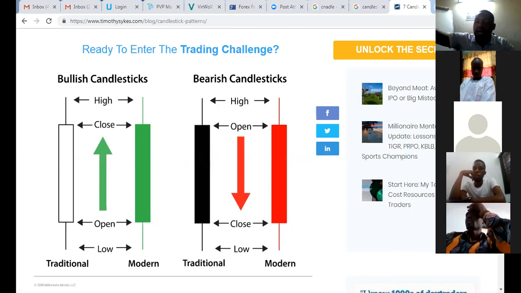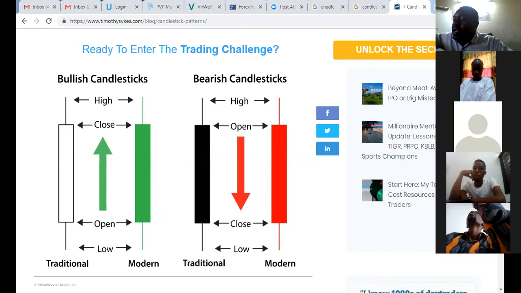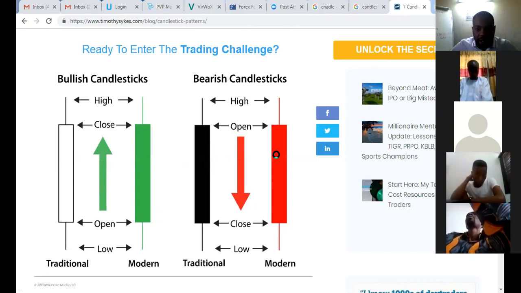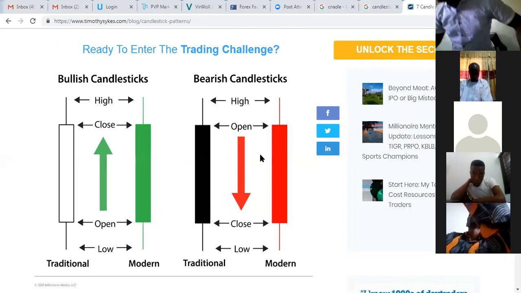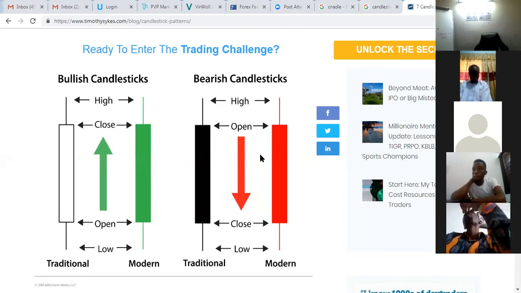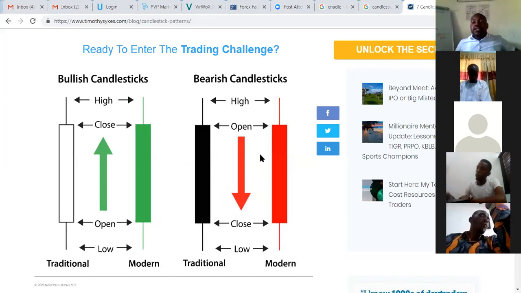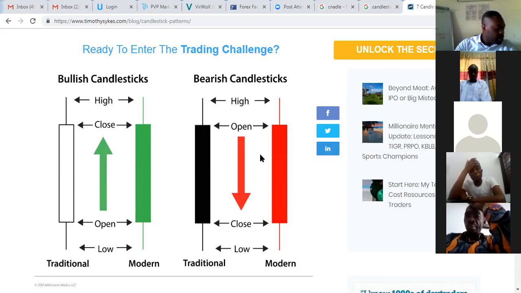Okay, so I'm a typical price action trader and I use a lot of candlesticks, and it's what I want to share with you today.